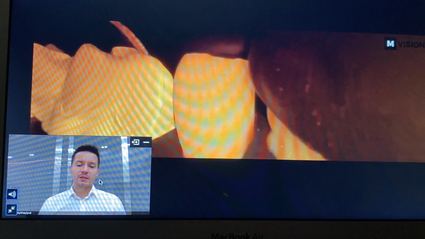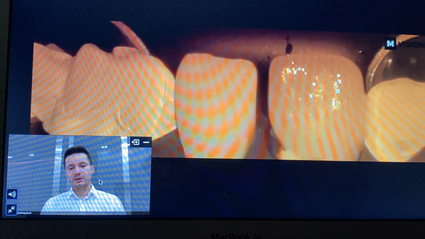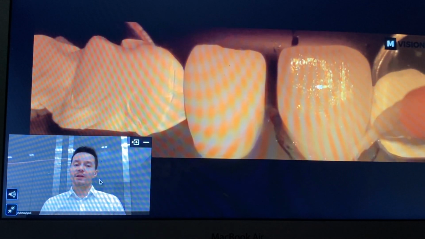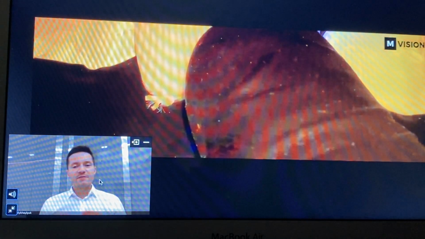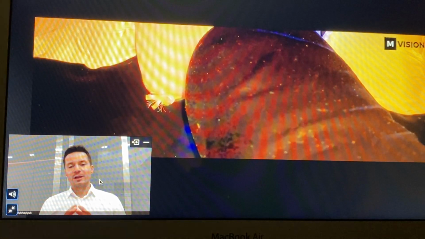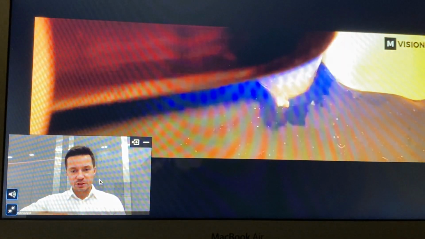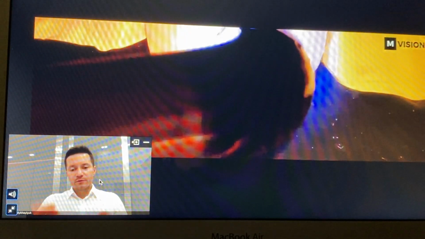Then with the brush, I remove all the excess material that we can see around. Then we go ahead with the light curing, and when you have a non-prep veneer, it's always important after light curing to polish the transitions, the connection zones from the ceramic restoration to the tooth.